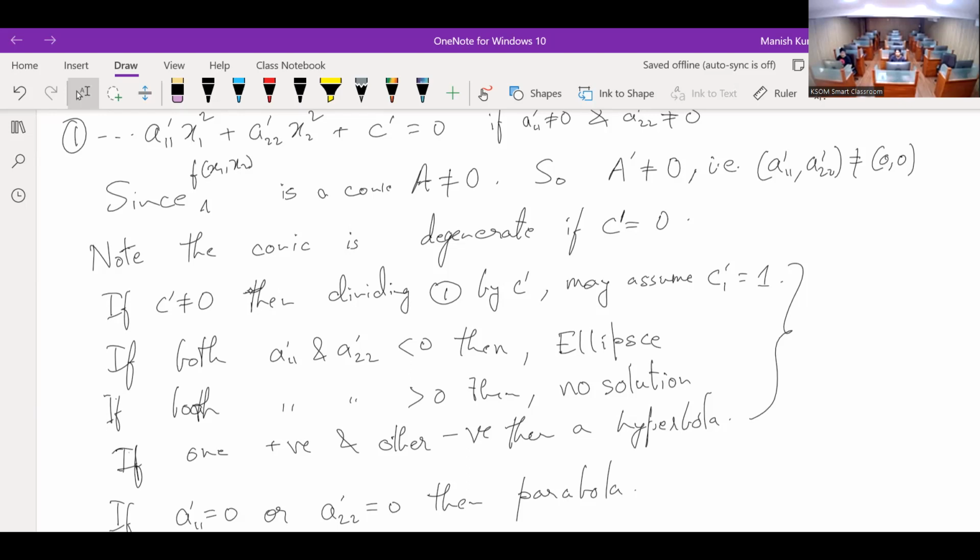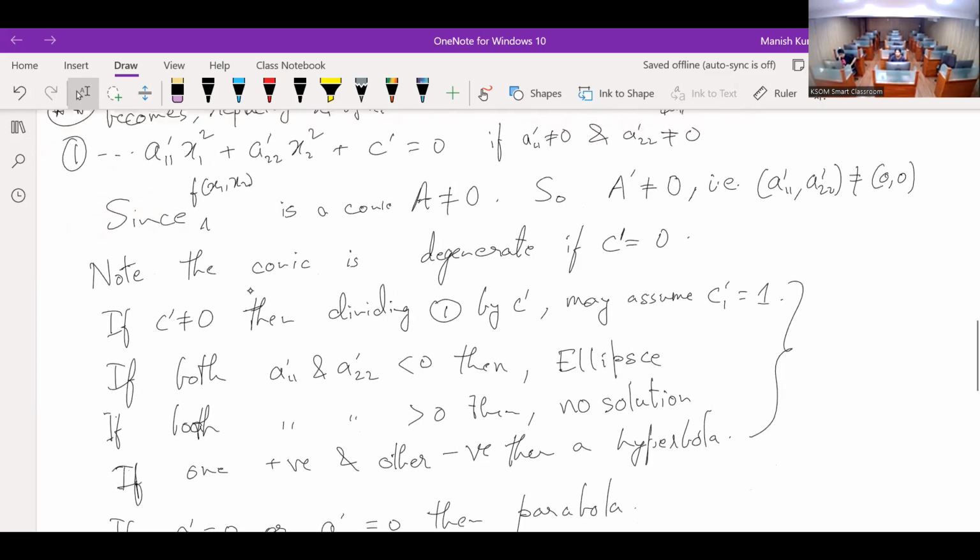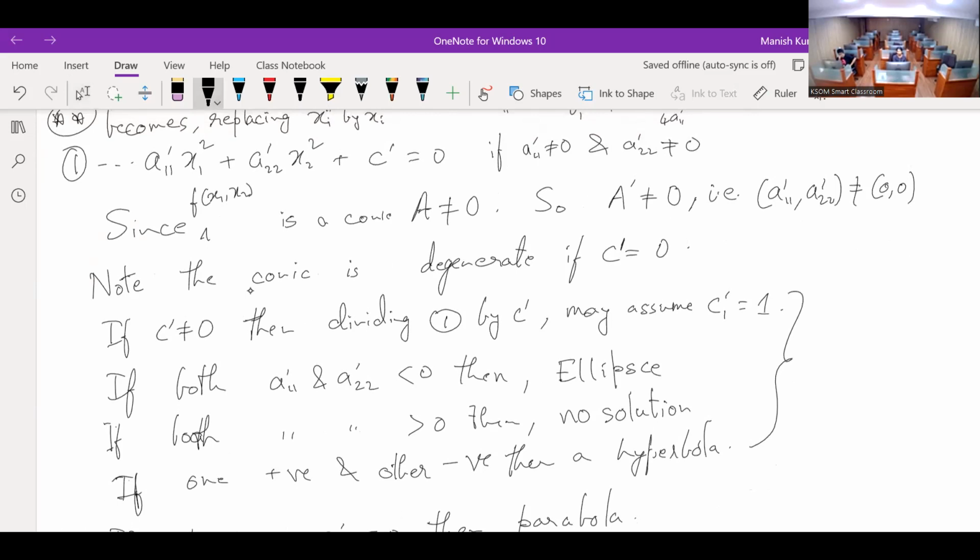If both A11 prime and A22 prime are negative, then what you get is something like minus of A11 x1 square minus of A22 x2 square equals 1.